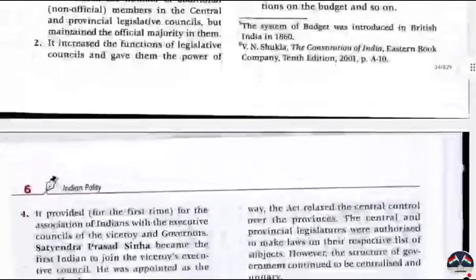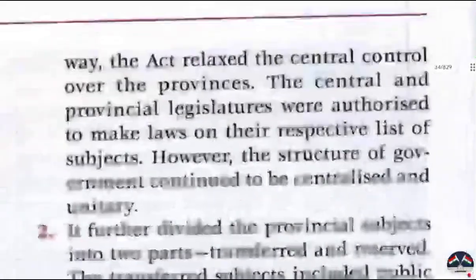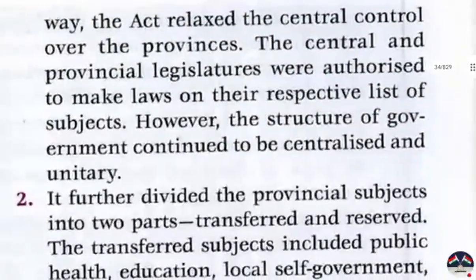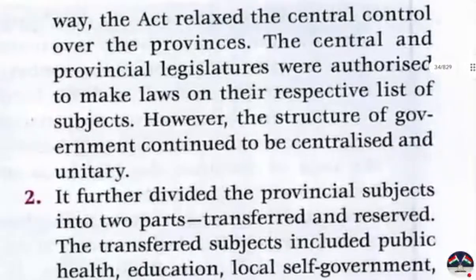In this way, the act relaxed the central control over the provinces. The central and provincial legislatures were authorized to make laws on their respective lists of subjects. However, the structure of government continued to be centralized and unitary.